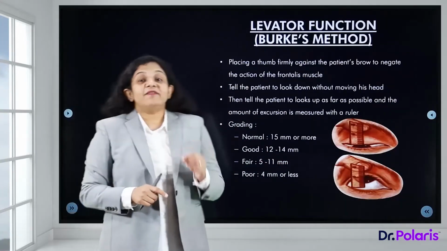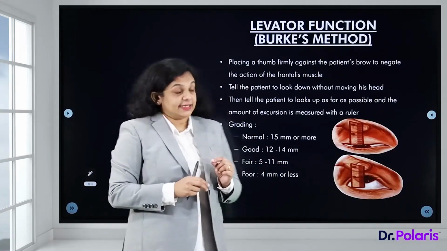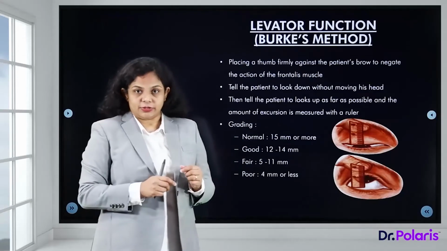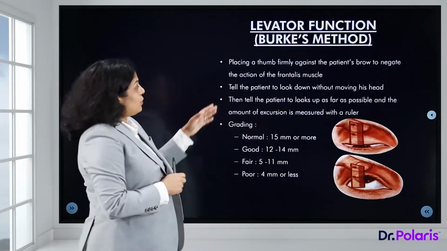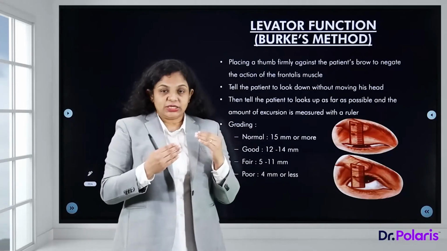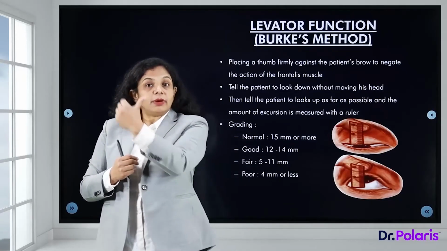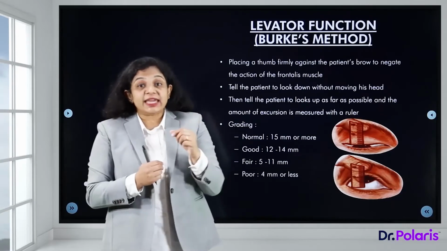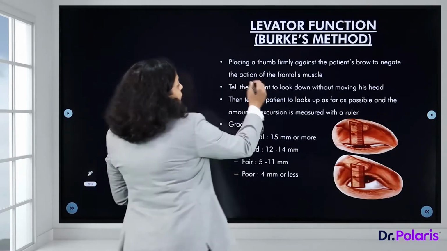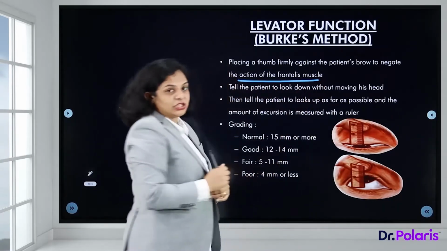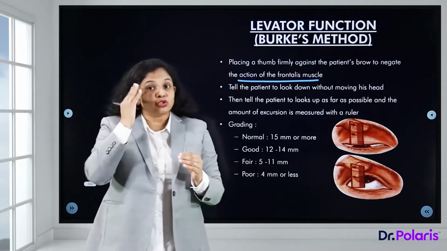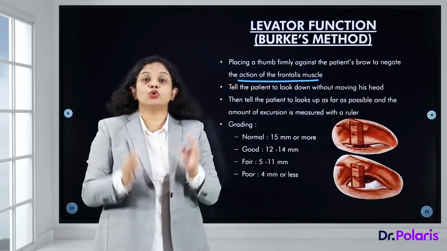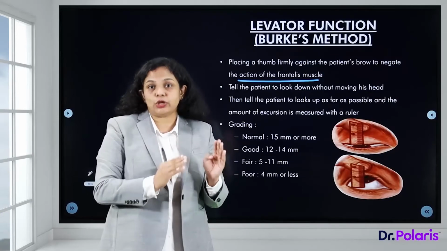Coming on to the levator function, how do you assess this? This is done by Berke's method. We sit opposite to the patient and the examiner keeps a thumb on the patient's eyebrow. This is to negate the action of the frontalis muscle. You don't want the patient to use the frontalis muscle; you want them to use only the levator palpebrae superioris muscle.